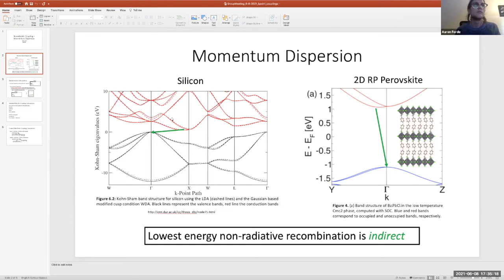On the left, I show silicon, which is a prototypical example of an indirect band gap. In the near future, I'm planning on investigating direct band gaps for perovskite materials for my future career.